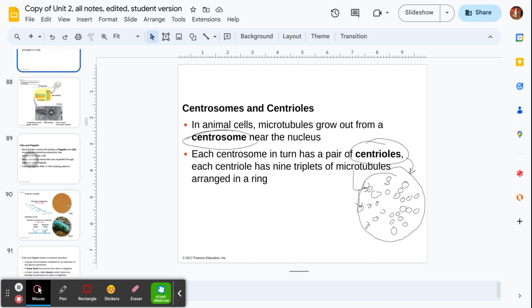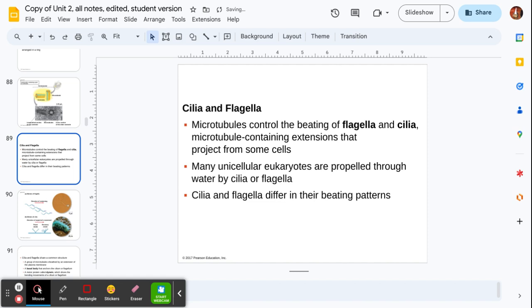Microtubules also make up flagella and cilia. And these guys are extensions that come out of some cells to help them move around. So they act kind of like flippers or tails to help the cell move around.